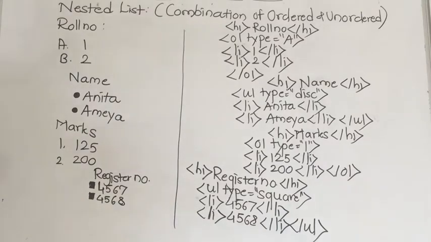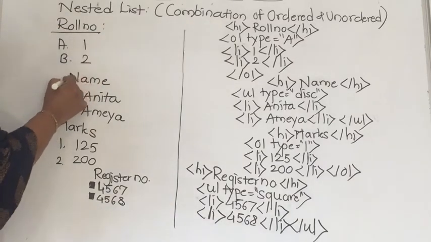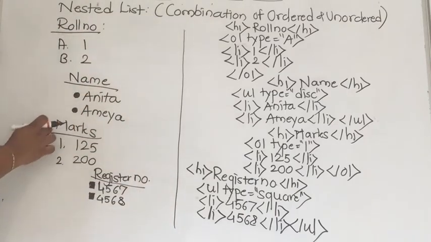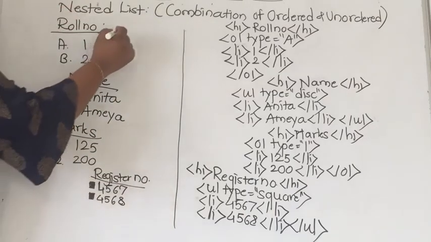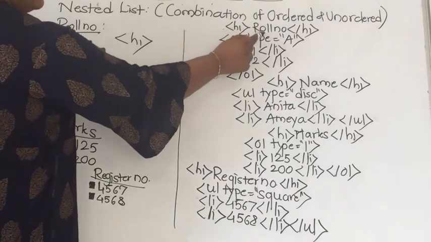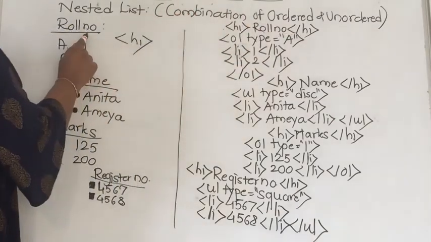As we see, these are the headings for your list: roll number, name, marks and register number. So I have used the H1 tag to define the headings. Here H1 roll number /H1, this is my first heading.